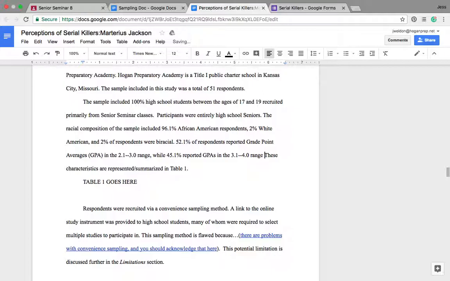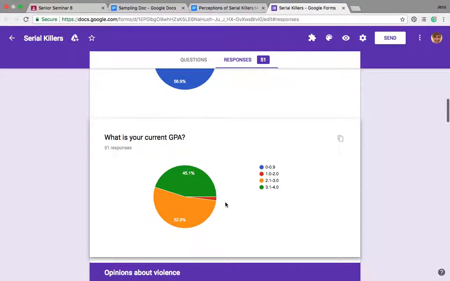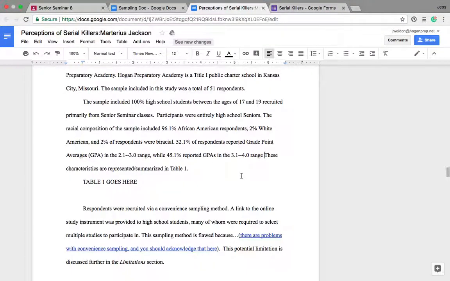Do I have to use an M dash or an N dash? I don't know, you guys. It's like 10 o'clock at night. I'm really tired. I'll Google it later. Okay. And then the last percent is this sad soul 1.0 to 2.0, 2%.